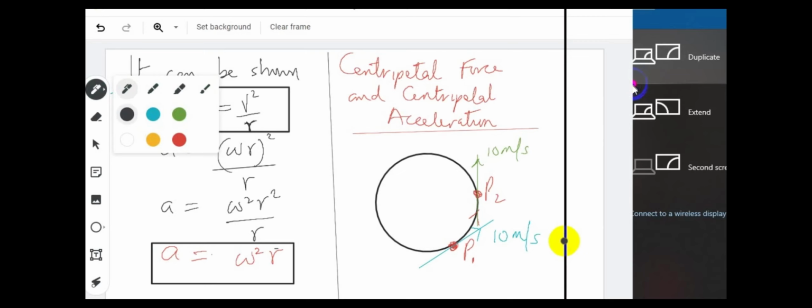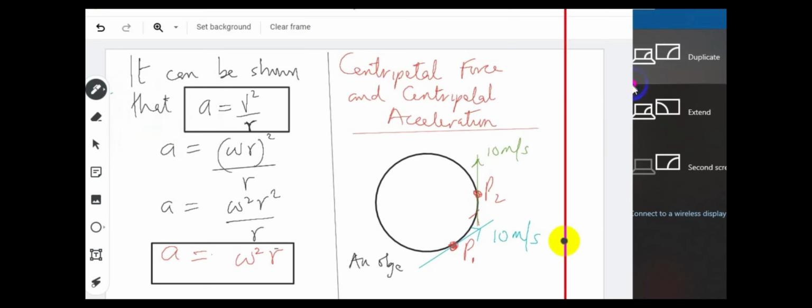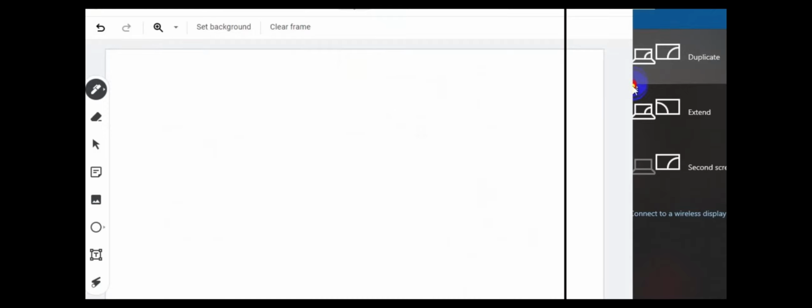So I will just note that an object that moves in a circular path moves at a constantly changing velocity, although the speed remains constant.